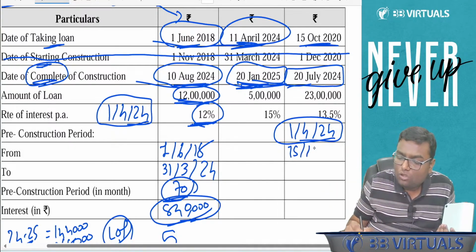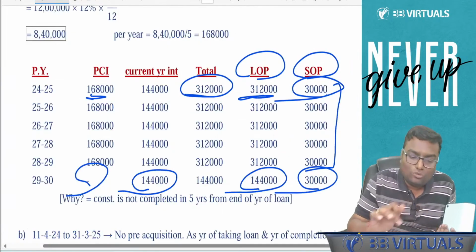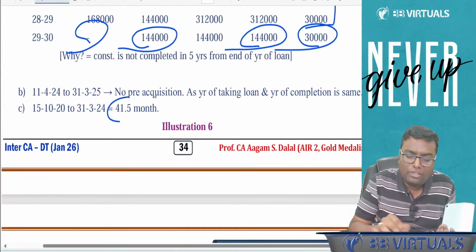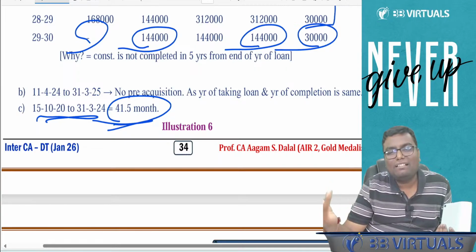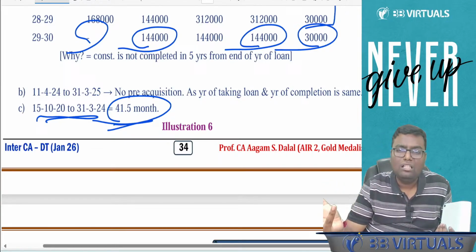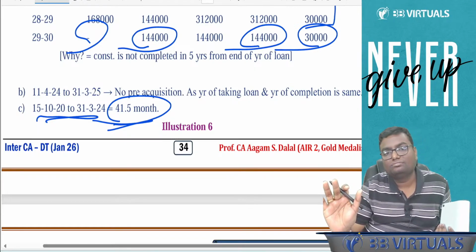Can I say 15th October 2020 till 31st March 2024? So total 41.5 months. That is the total pre-construction period. And of that the interest will be calculated and it will be divided into 5 years. That is how this pre-construction period's interest is to be calculated.